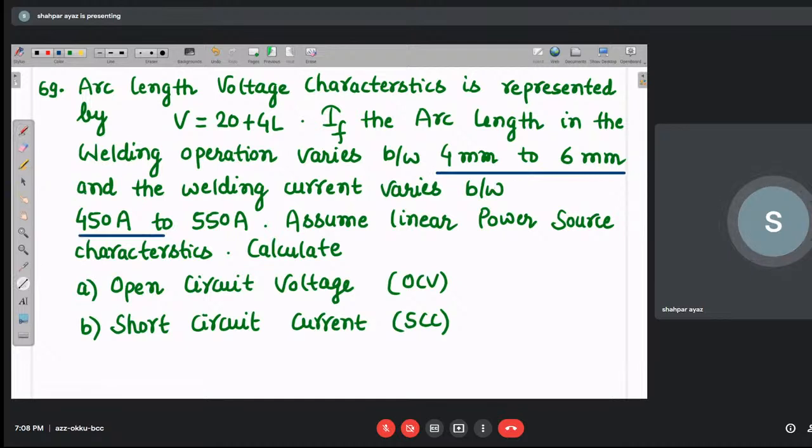The arc length varies between this and the welding current. Find out, guys. Naveen, Srivastav, everyone.